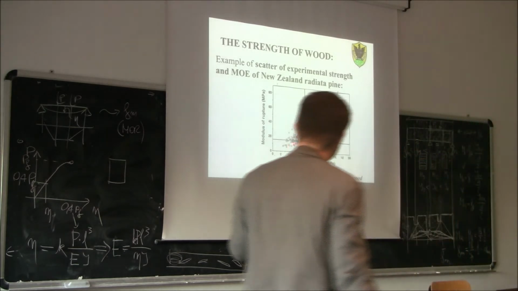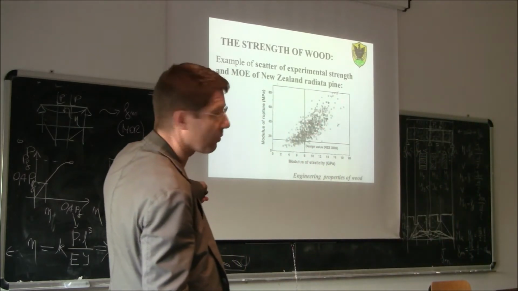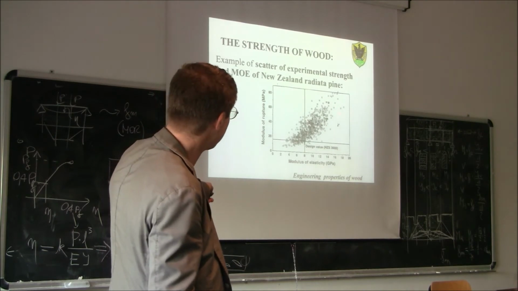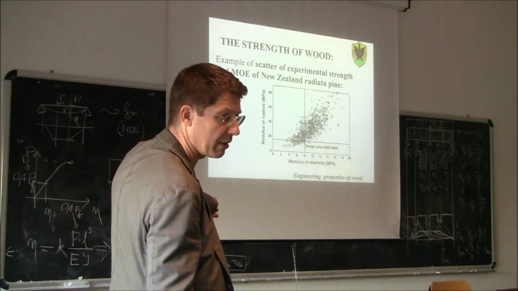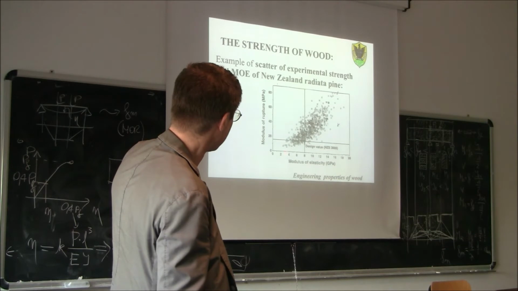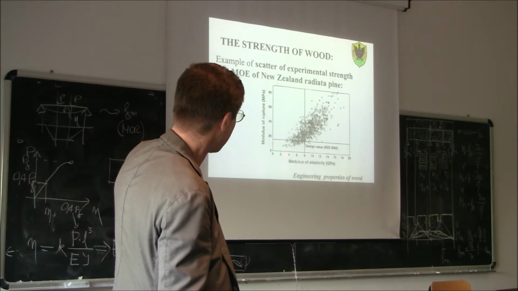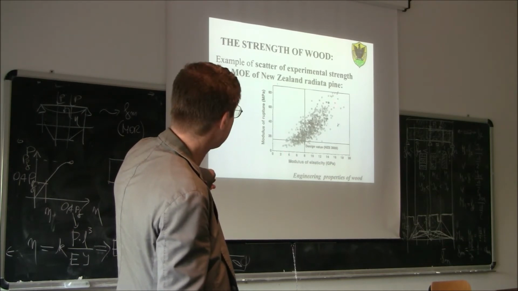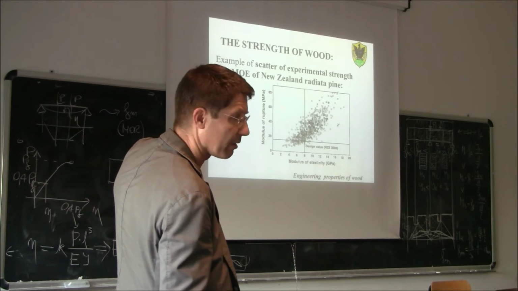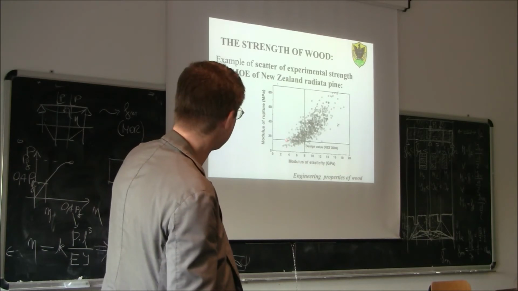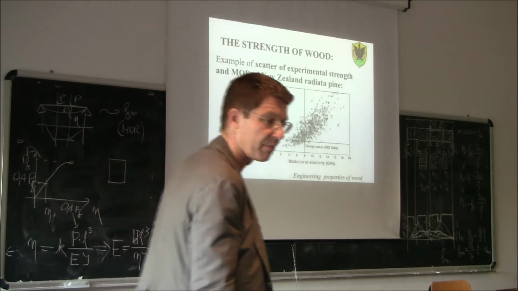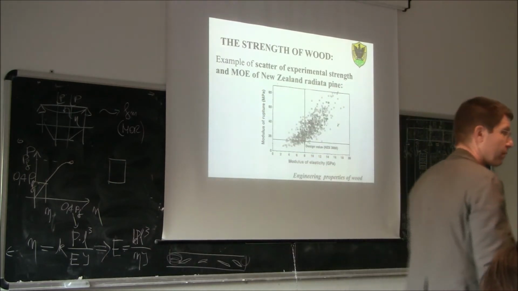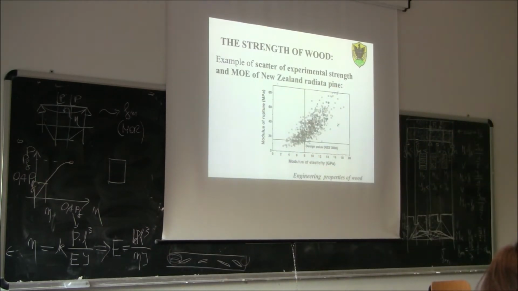This is one specimen. Then on the other end, there is one specimen here you see having 18 gigapascal of modulus of elasticity, more or less 7 or 8 times the other, and the strength up to 80, even more. So 10 times the strength of the specimen before. So as you can see, the scatter is quite significant.